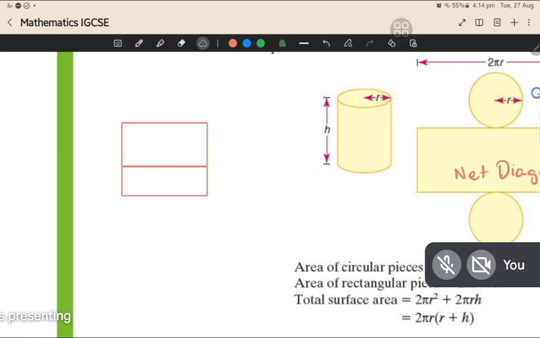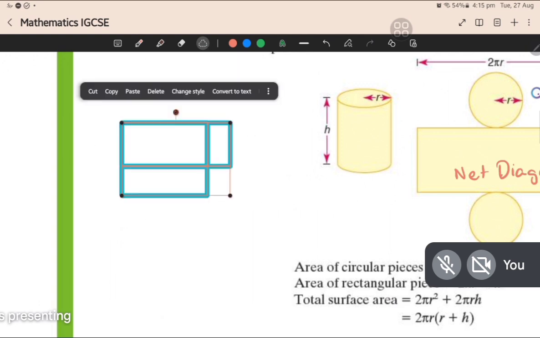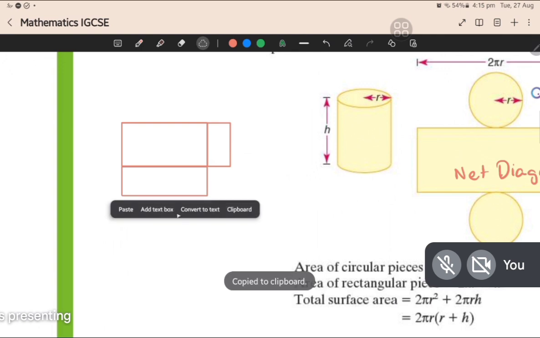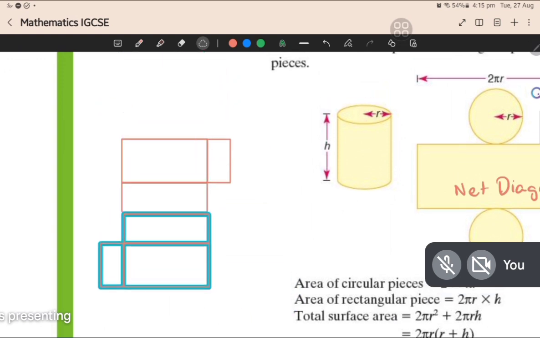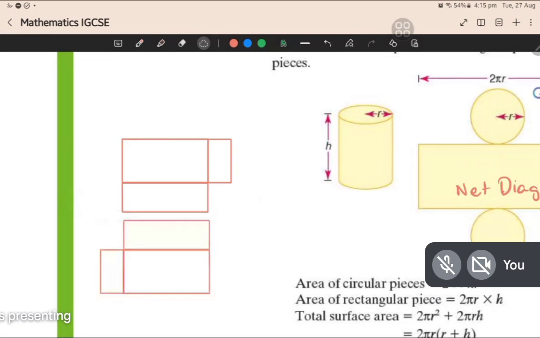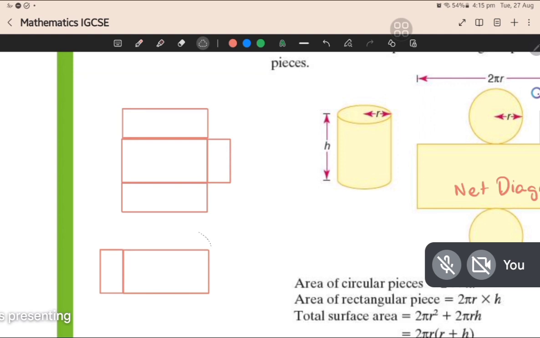Basically, if these were cutouts of a paper and you folded them back together, they would form a 3D shape. So this is your net diagram, right?